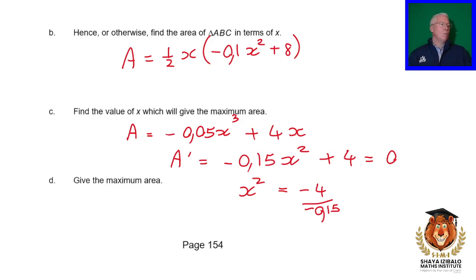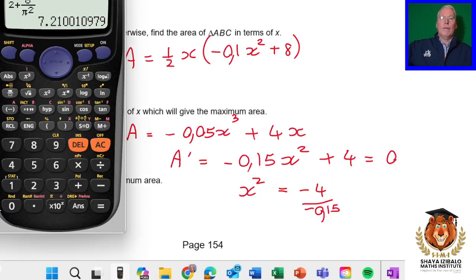All right, and we can work out our x value quite easily from here. So let's just work out what 4 over 0,15 is. It's 80 over 3, and then we're going to square root that answer.